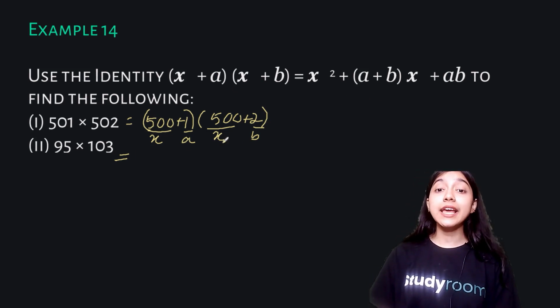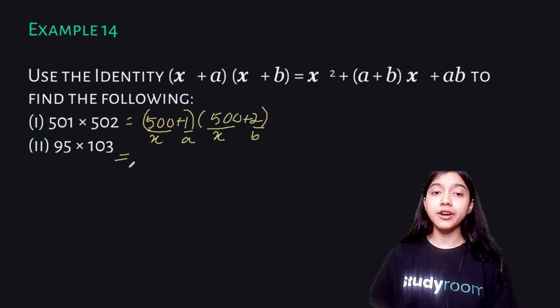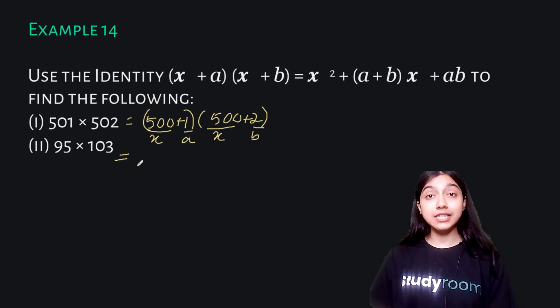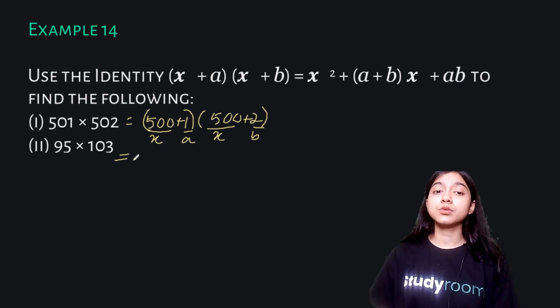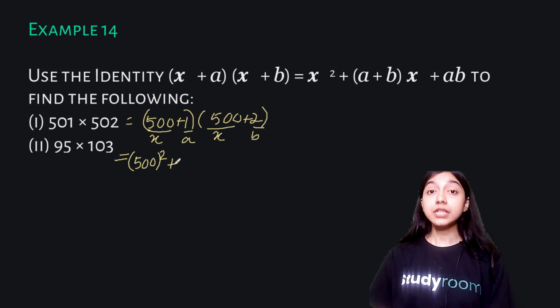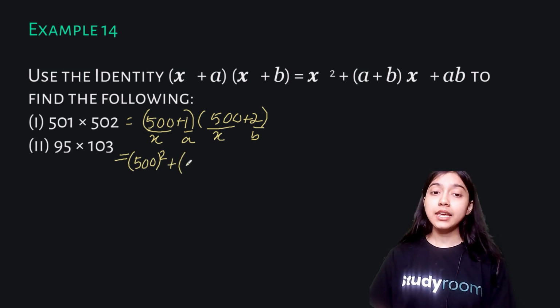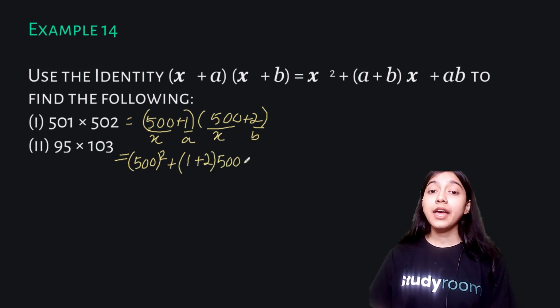X plus a and x plus b gives us x square plus a plus b x and plus ab. So I'll write x square first. X is 500, so I'll write x square, that is 500 whole square, plus a plus b into x. A is 1. Again, b is 2. Again, it will be multiplied with x, that is 500. And then we have a into b, that is 1 into 2, which gives us 2.